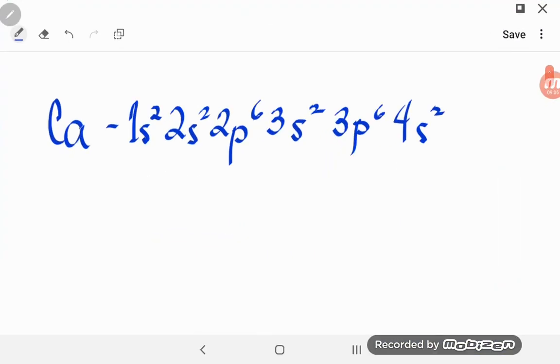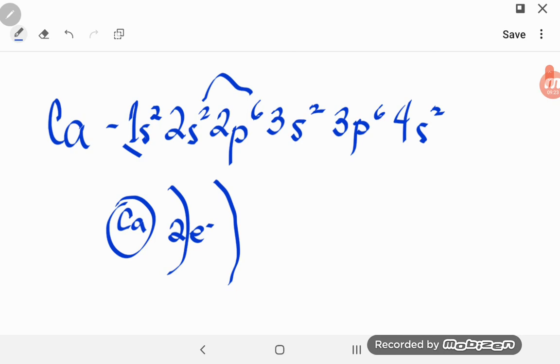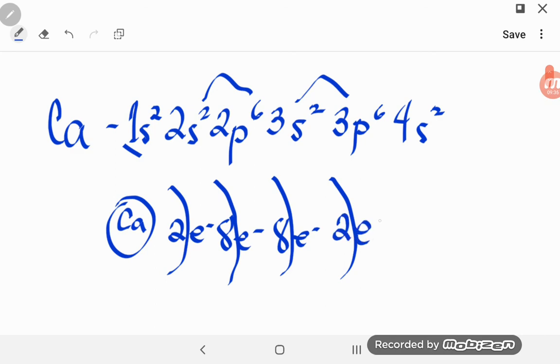Okay, so if you're going to draw the atomic structure for calcium, say that this is the nucleus of the atom calcium. In the first energy level, we only have 2 electrons. In the second energy level, we have 8 electrons. In the third energy level, we have 8 electrons. And in the fourth energy level, we have 2 electrons.